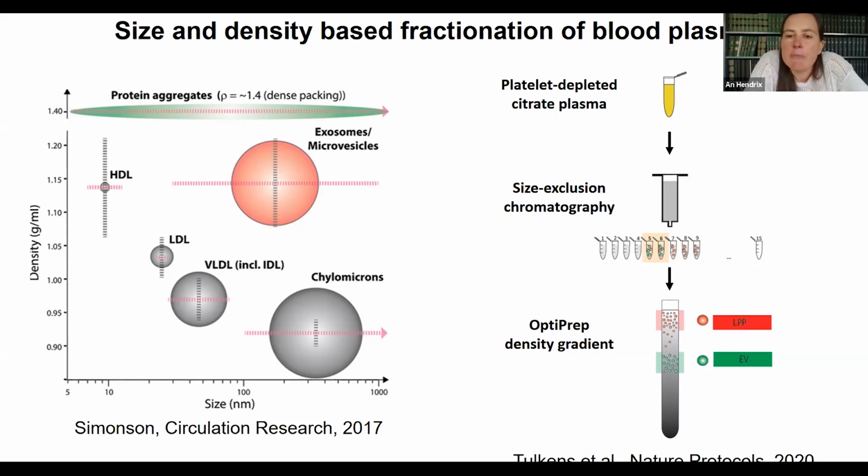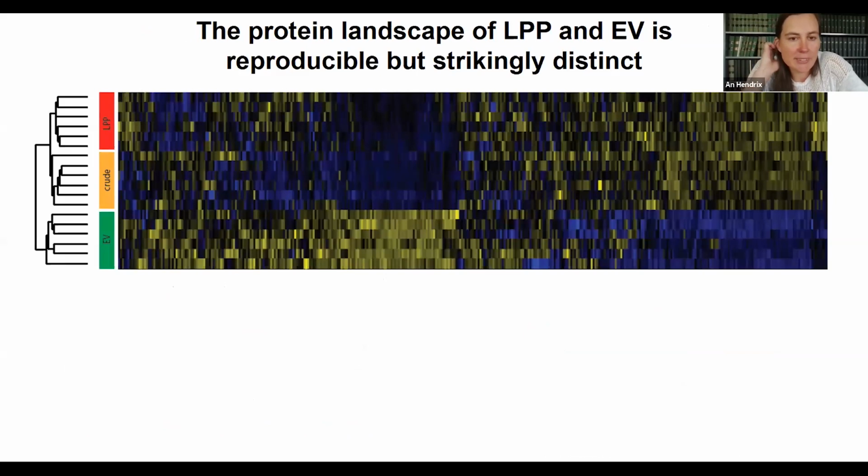So we optimized this protocol, we collected the crude extract, the LPP extract, and the EV extract, and we performed a mass spectrometry-based proteomic analysis. From this hierarchical clustering, we could conclude that the protein composition of the extracellular vesicle extract significantly differed from the protein composition of the crude extract, which is the extracellular vesicle preparation obtained by the size exclusion chromatography only.